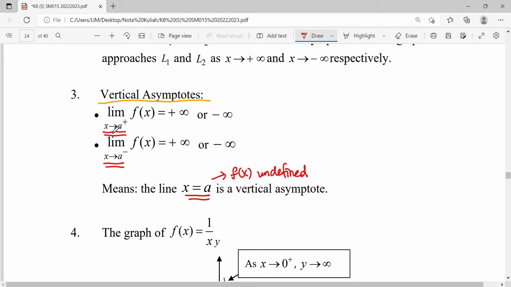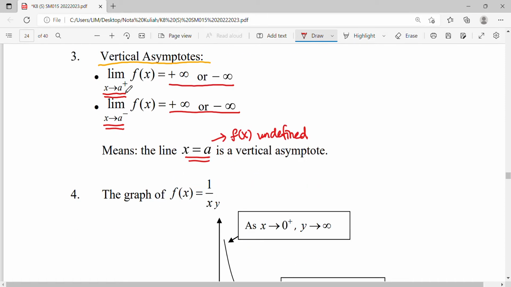So you have to figure out when x approaches a from the right hand side, what's your answer? X approaches a from the left hand side, what's your answer? Normally you will get positive infinity or negative infinity. Jawapan kamu boleh dapat positif ataupun negatif infinity. Maka kalau kamu dapat jawapan macam ni, bermaksud ini adalah vertical asymptote. So the skill that we learned in 8.1, we're going to apply here.